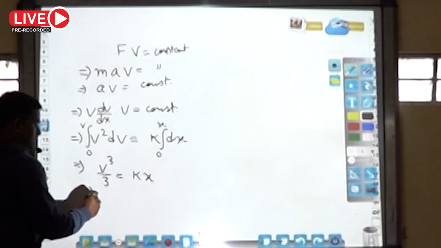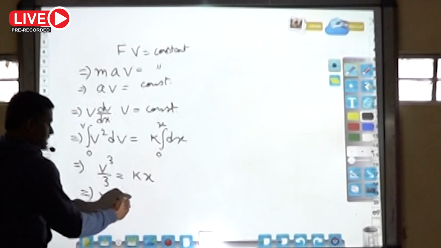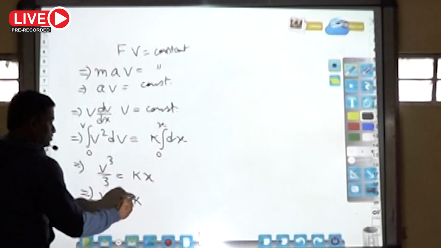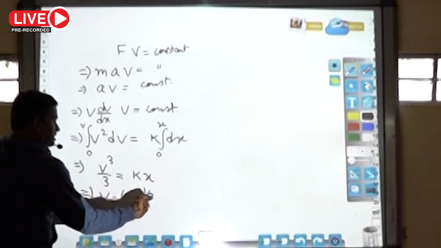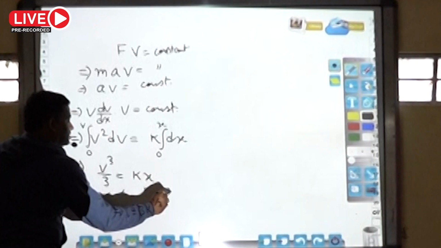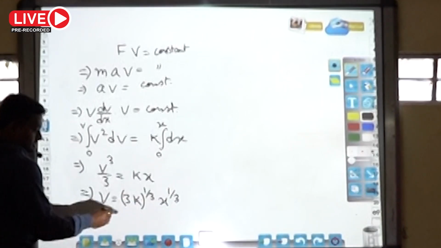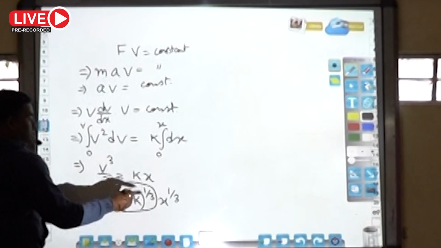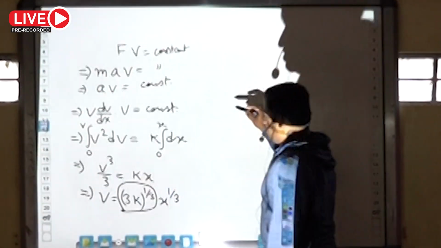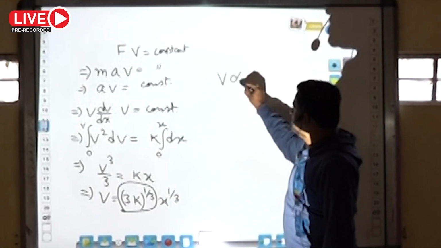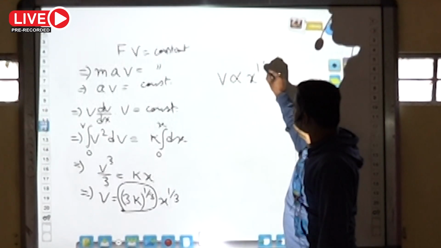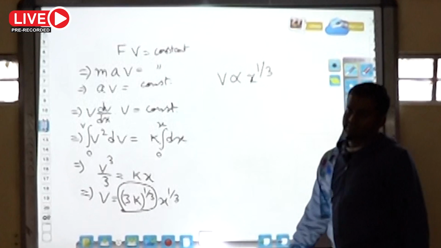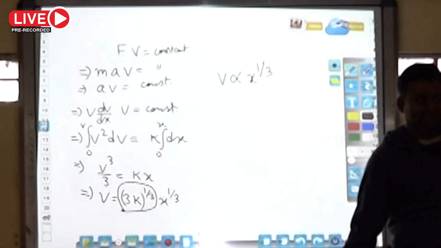So we can write v equal to 3k whole to the power 1 by 3 into x to the power 1 by 3. So this entire term is a constant. So we can write v proportional to x to the power 1 by 3. That is the answer.